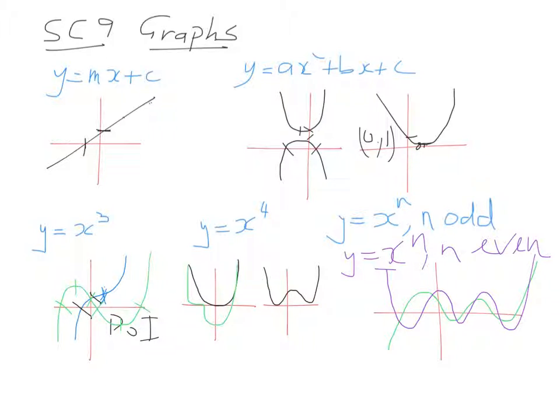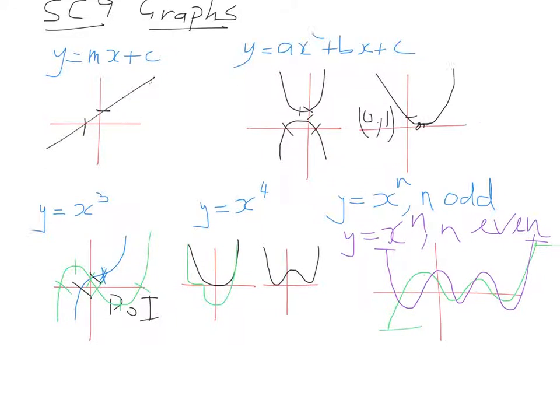So it starts and finishes in the same direction, whereas the other one, the odd powers, start and end at opposite directions. And once again, we label our y-intercepts, we label our x-intercepts, we label our turning points as best as we can with the information that we've got.